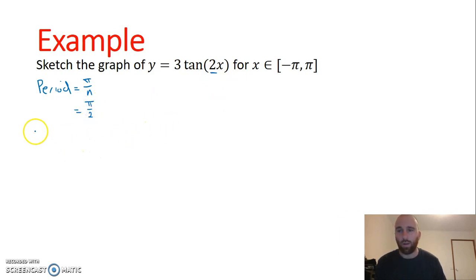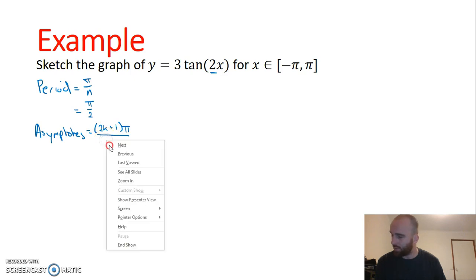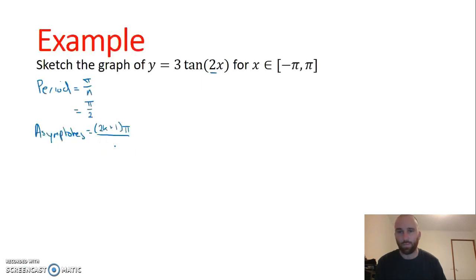That's what we've got. The next one is our asymptotes. This formula is 2k plus 1 pi divided by 2n. In this case, n is 2.